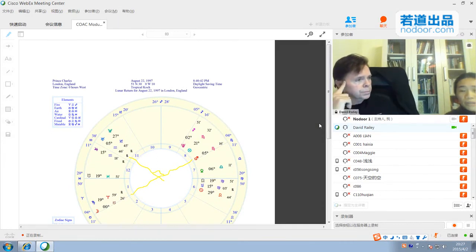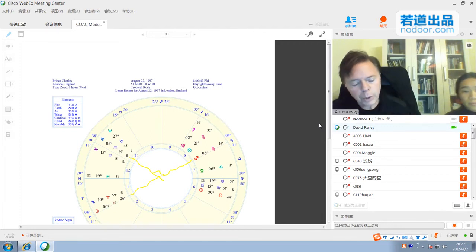And we know the moon has to do with nurturing, with parenting. He's going to have to work with his sons to deal with the loss of their mother. So this is a highly significant lunar return that reflects the atmosphere of that month, and the shocking impact of what happened in Prince Charles's life.